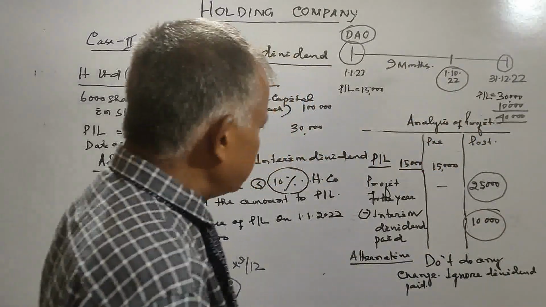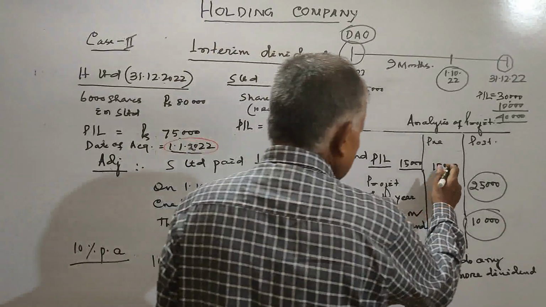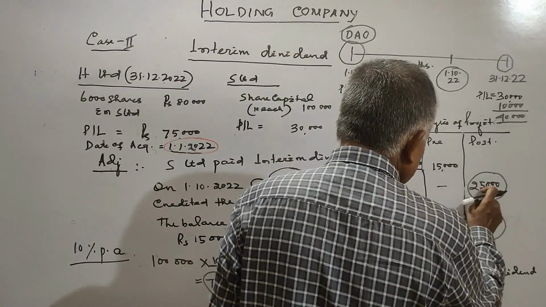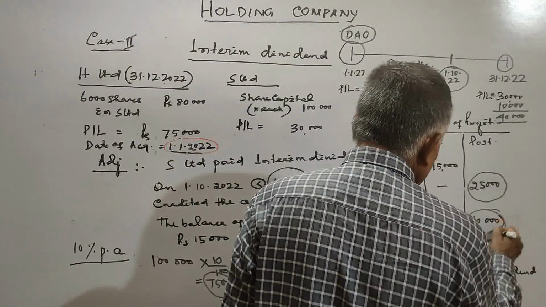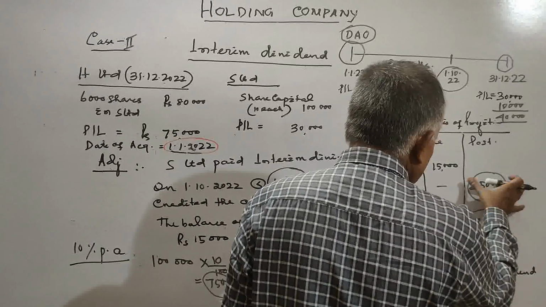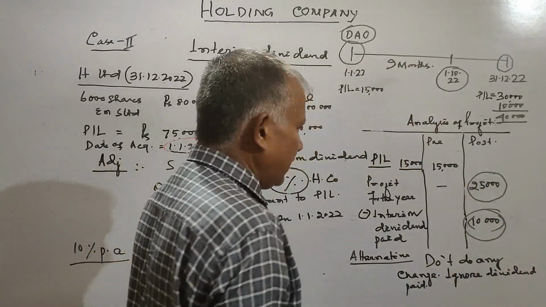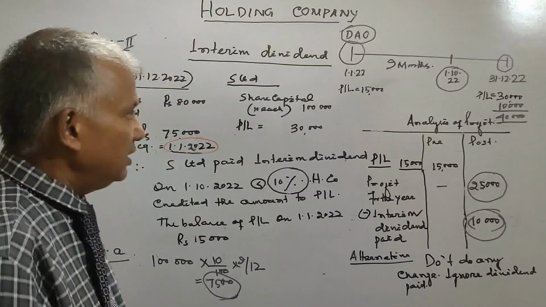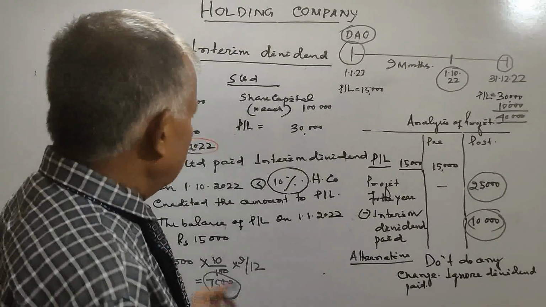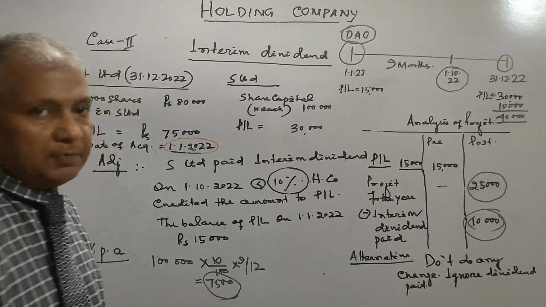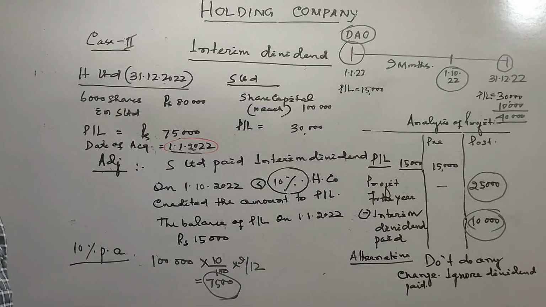So friends, if you see, here also 15,000, here 25,000 minus 10,000, effective profit is again 15,000. So in the holding company PL, you need not make any change, because there is no mistake.